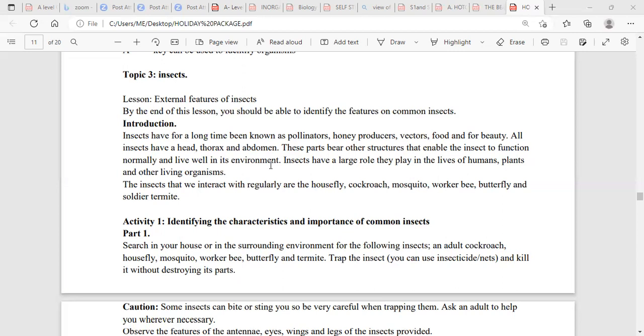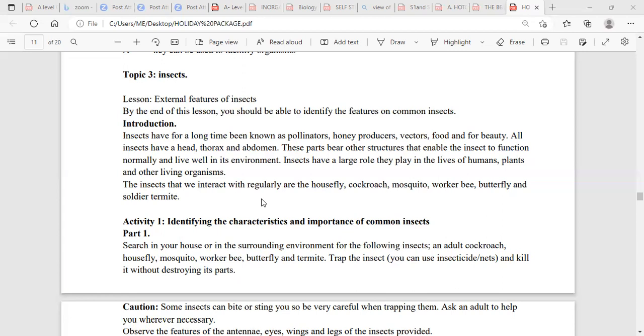You have the cockroaches, then we have the mosquitoes. If you don't know a mosquito, leave the house open for around 10 minutes at night and you will look at some of the insects that are entering your house. These guys are dangerous because they transmit malaria.